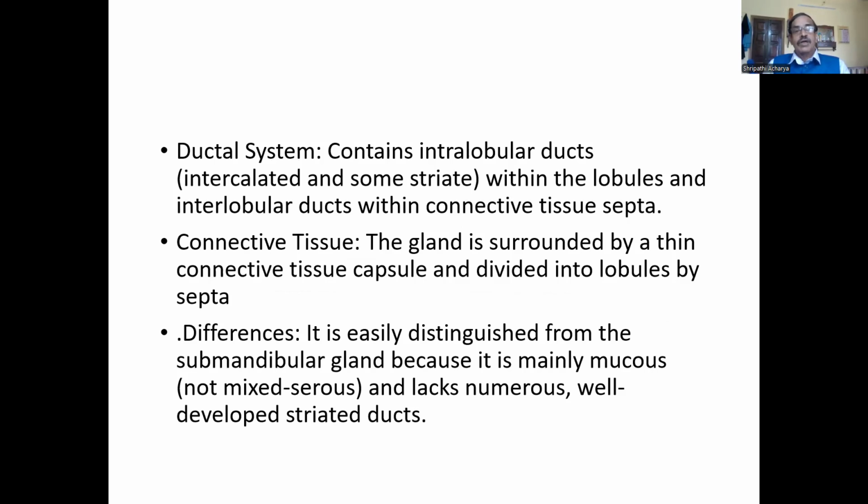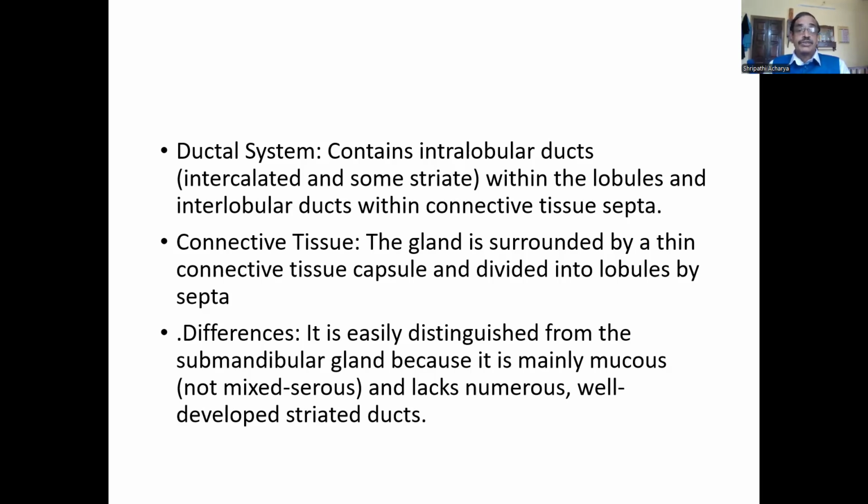The ductal system of the sublingual gland contains intralobular ducts, intercalated and some striated within the lobules, and interlobular ducts within connective tissue septa. Connective tissue: the gland is surrounded by a thin connective tissue capsule and divided into lobules by septa.